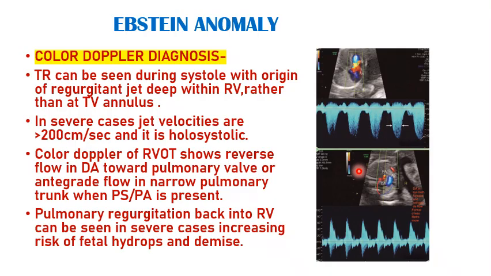Color Doppler of the RVOT shows reverse flow in the ductus arteriosus towards the pulmonary valve, or antegrade flow in a narrow pulmonary trunk when pulmonary stenosis is there. Pulmonary regurgitation back into the RV can be seen in severe cases, increasing the risk of fetal hydrops and demise. Here you can see both flows, antegrade as well as retrograde, but retrograde flow is more in the ductus arteriosus.